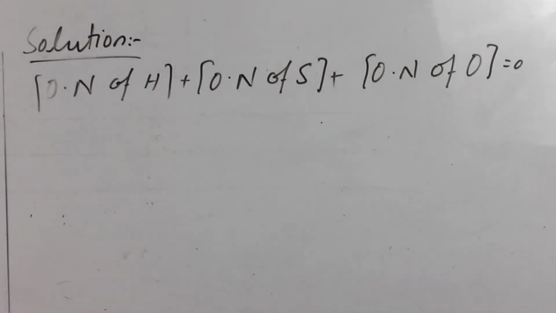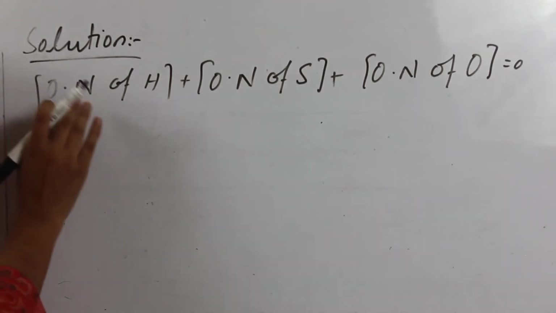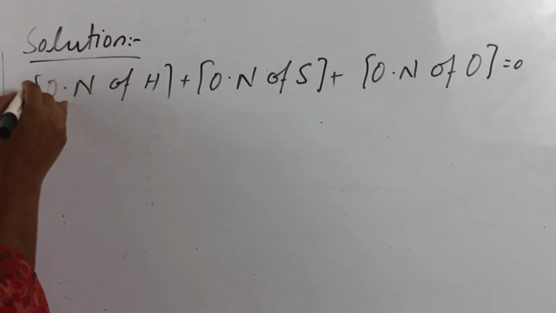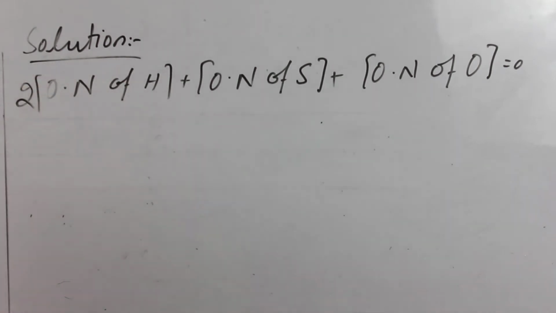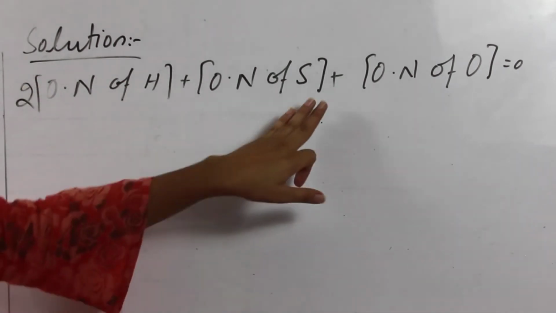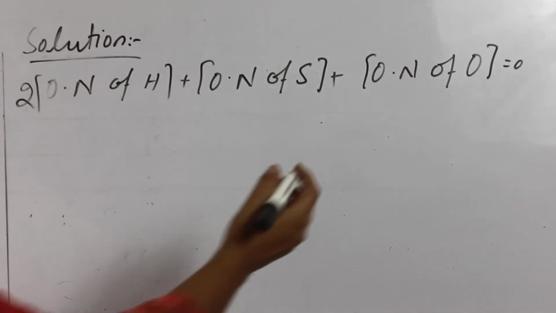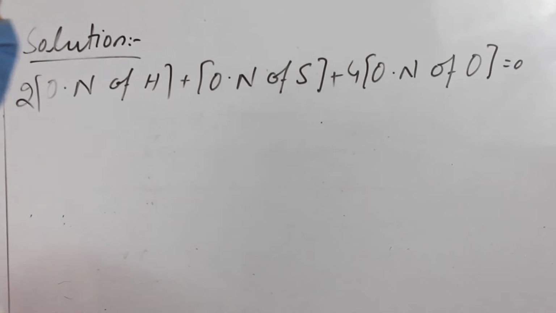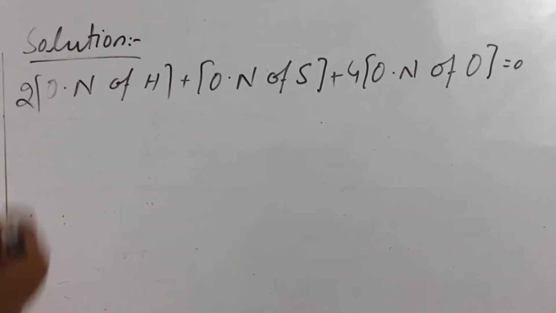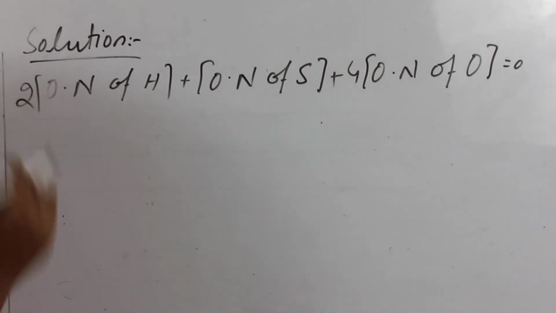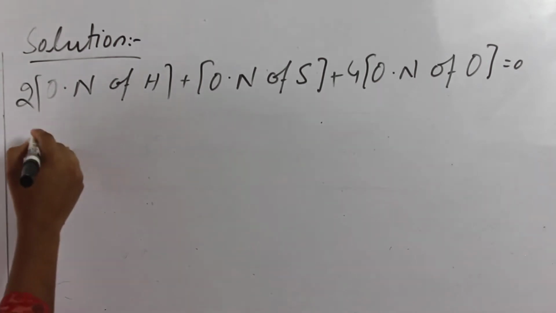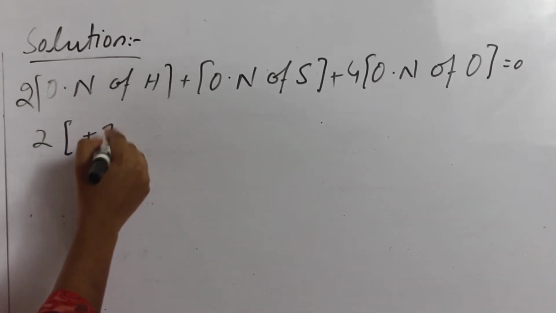In sulfuric acid, 2 atoms of hydrogen are present. That's why the oxidation number of hydrogen is multiplied by the number of atoms of hydrogen, that is 2, and 4 atoms of oxygen are present in sulfuric acid. That's why the 4 atoms are multiplied by the oxidation number of oxygen. By putting in the values of these elements, the oxidation number of hydrogen is +1.